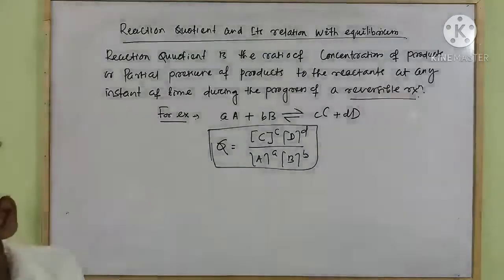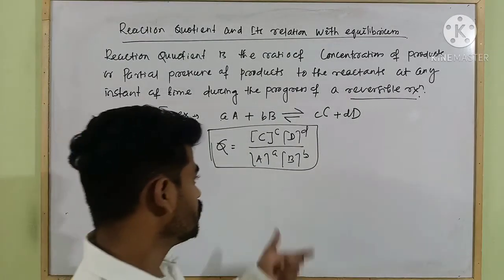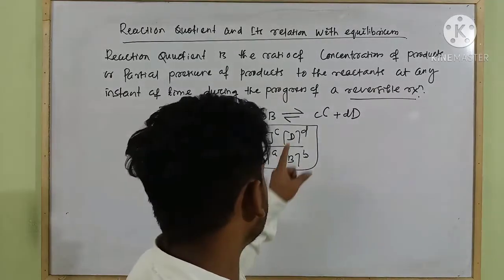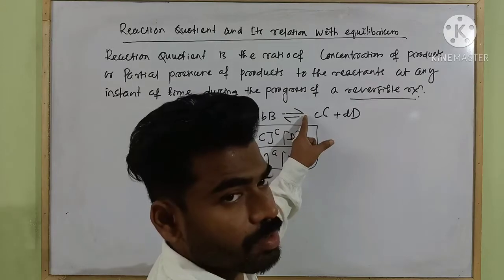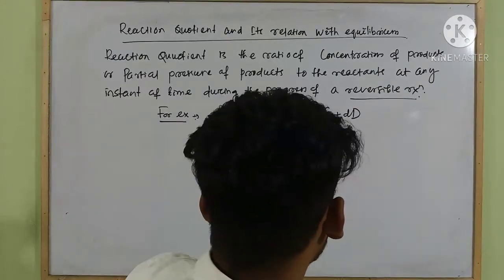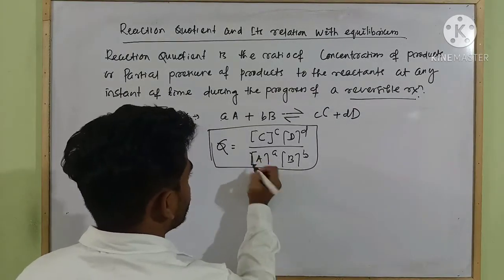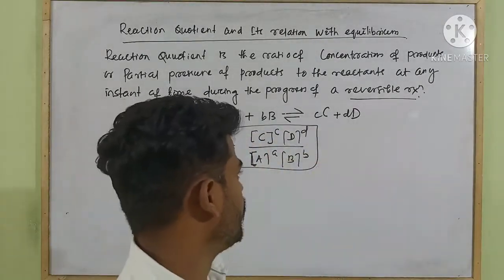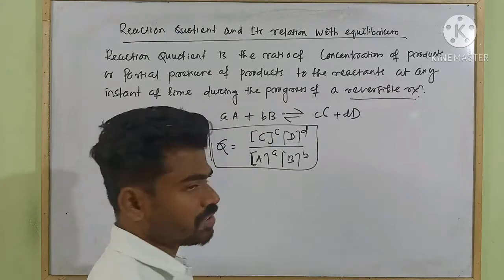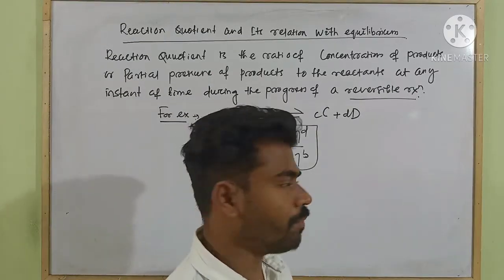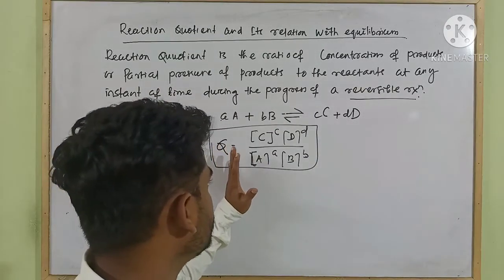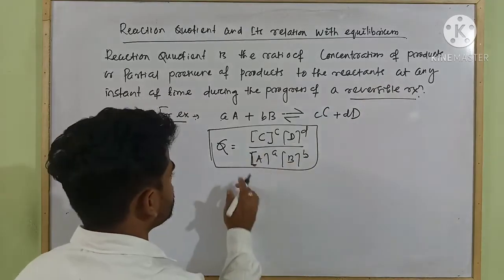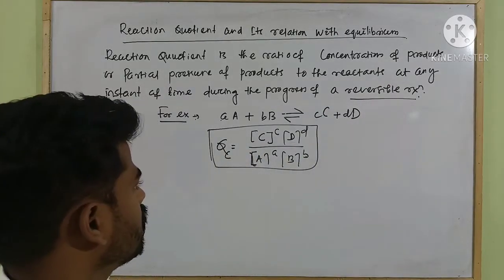Never get confused with the value of equilibrium constant. So equilibrium constant, K equilibrium, is only applicable at the state of equilibrium. But except the equilibrium state, you can consider the ratio of products with reactants at any time, that is called reaction quotient. So at the state of equilibrium, you can compare this reaction quotient is equal to the equilibrium constant. So here in terms of concentration I have written, you can better write Qc, that is equal to this much.